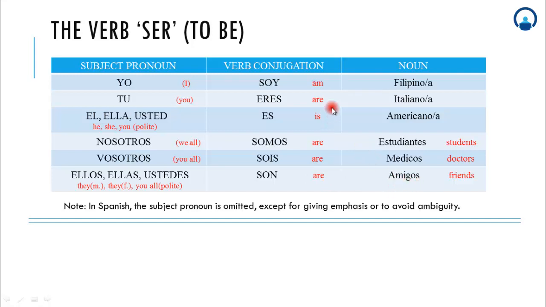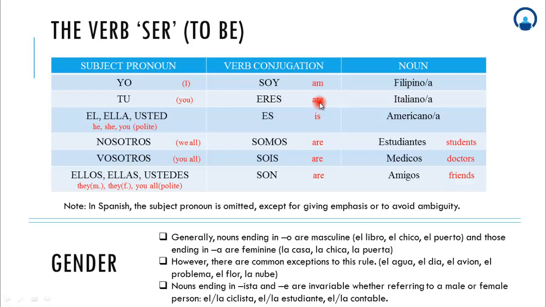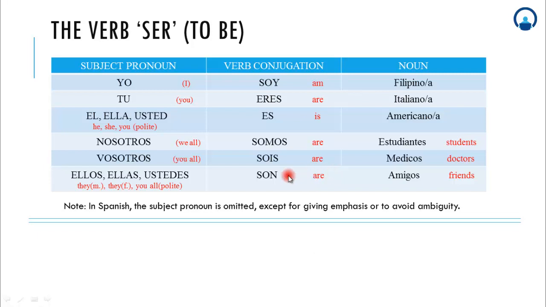Now, if we see in this column, we have got four similar ways of saying are, with the same meaning. But there's a rule, as I said before, each conjugation corresponds to its subject pronoun. Eres will only go with tú.